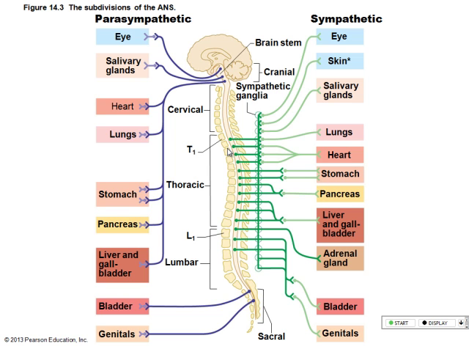But these are some of the different messages being sent by both the parasympathetic and sympathetic divisions. We see figure 14.3 on page 527 in your textbook. These are some of the different messages being sent to different areas to speed up and slow down functions during any response.